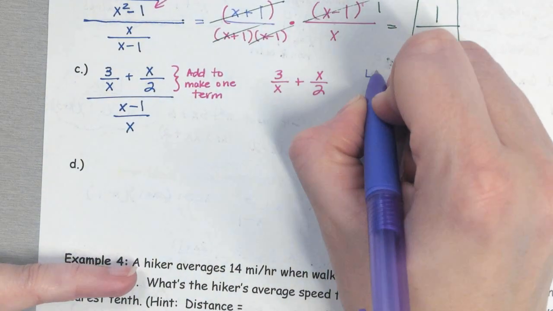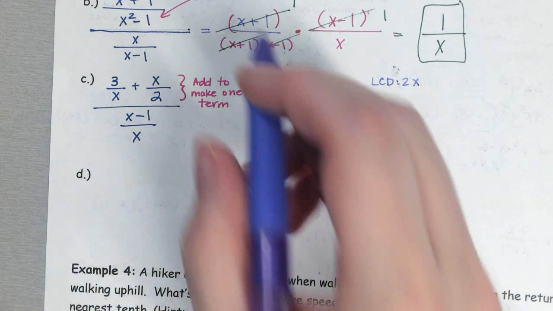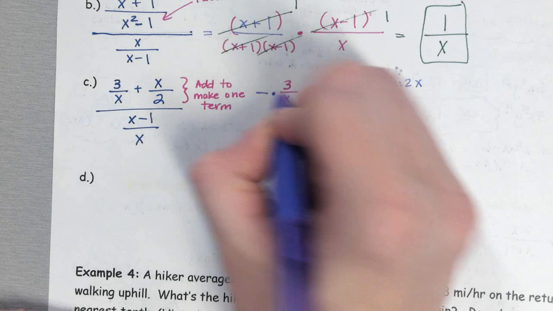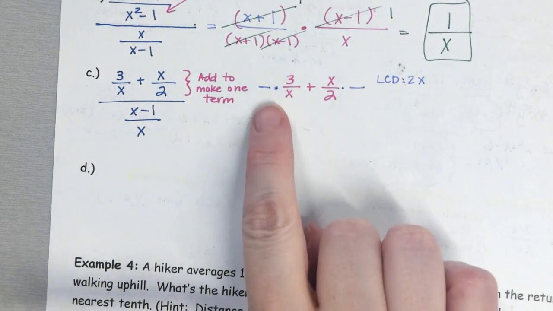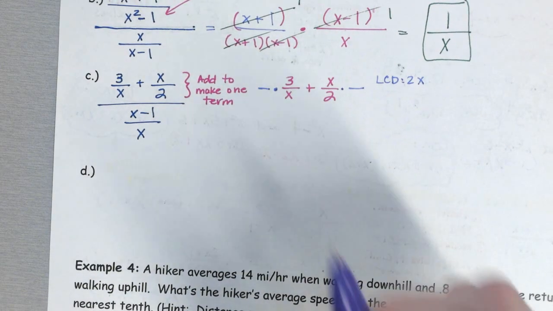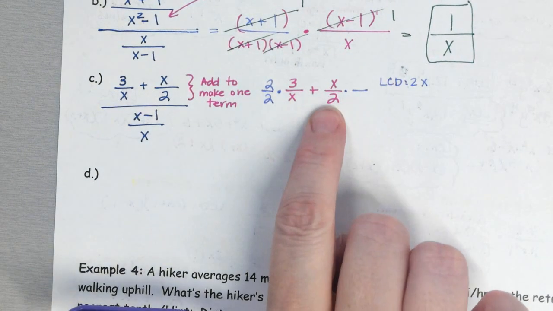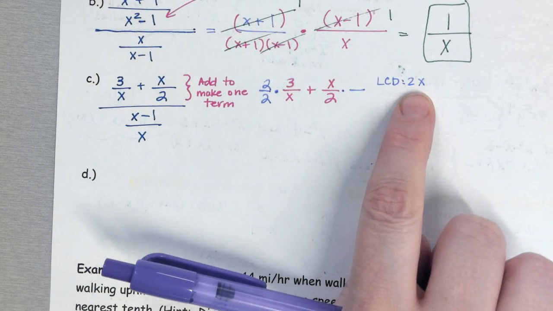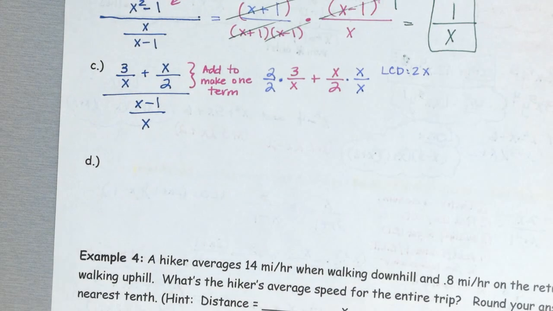So your LCD here is going to be 2x, which means you have to multiply the first one by something and the second one by something. If it's 2x, what do I have to multiply the first one by? 2 over 2. What do you multiply by 2 to get 2x? x over x.